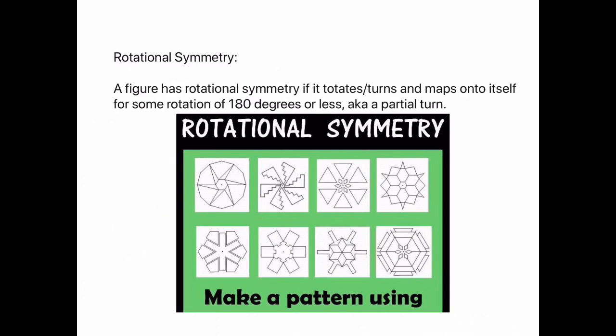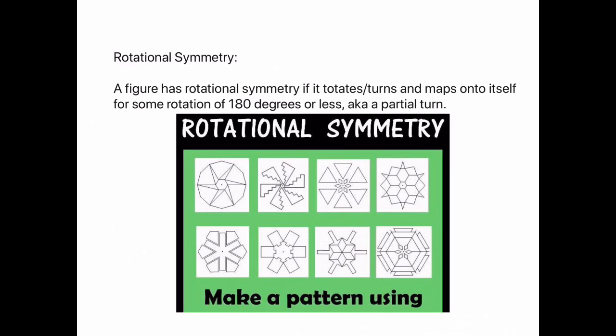Rotational symmetry happens when an image or a figure can rotate or turn and map itself in some rotation that is 180 degrees or less, also known as a partial turn. It always rotates about a point, not about a line. And so each of these patterns here have rotational symmetry.